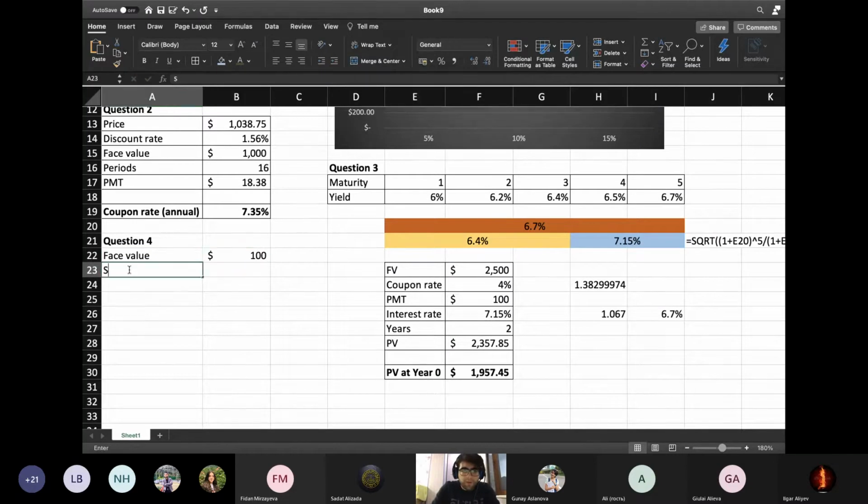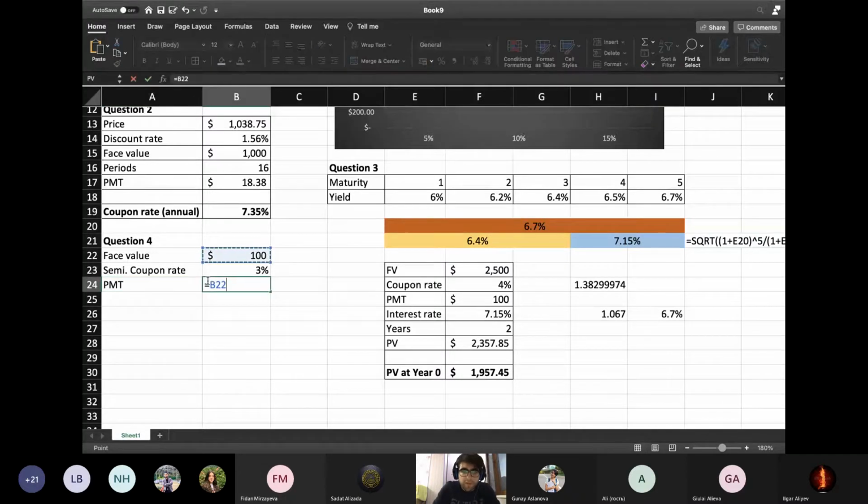We have semi-annual coupon rate, 3%. We have coupon payments, which means face value multiplied by semi-annual coupon rate.